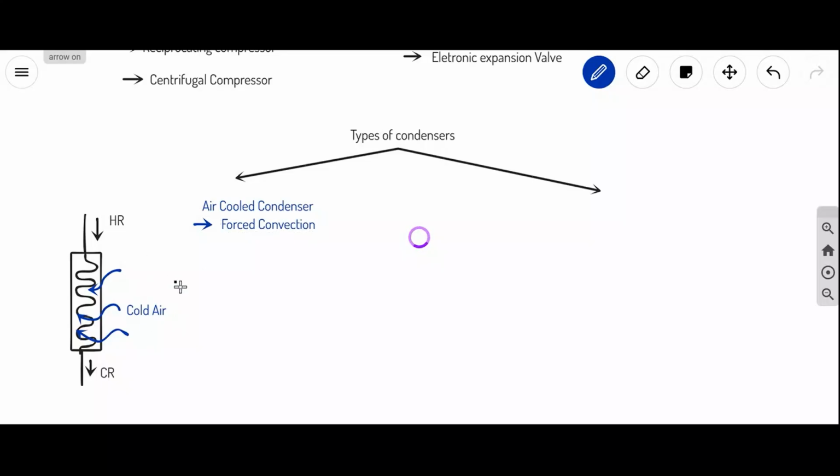Suppose I am not using any axial fan, only naturally air is going and contacting with that, then it is called natural convection. So this is forced convection and natural convection with respect to air cooled condenser.